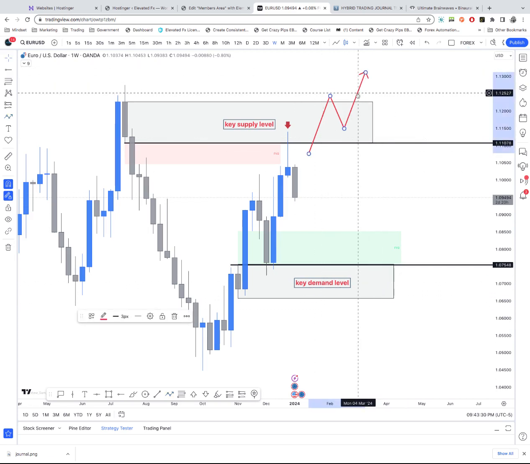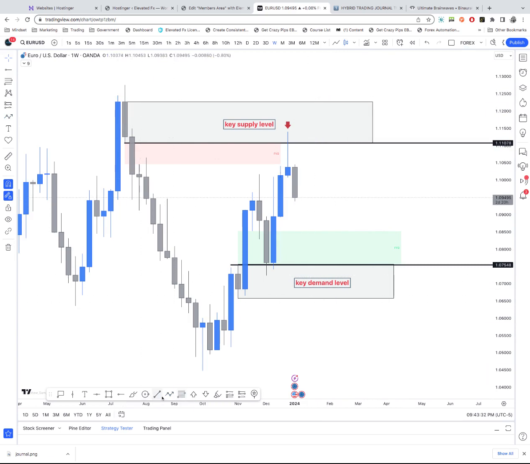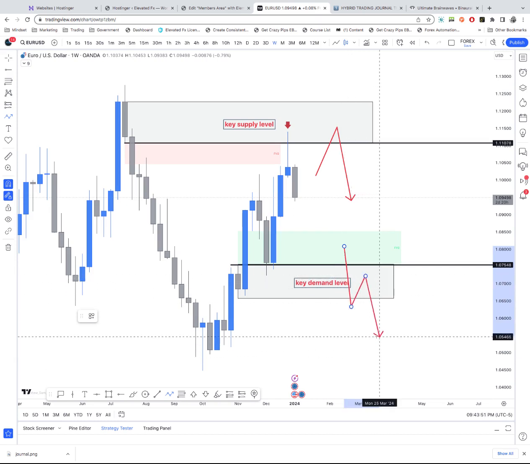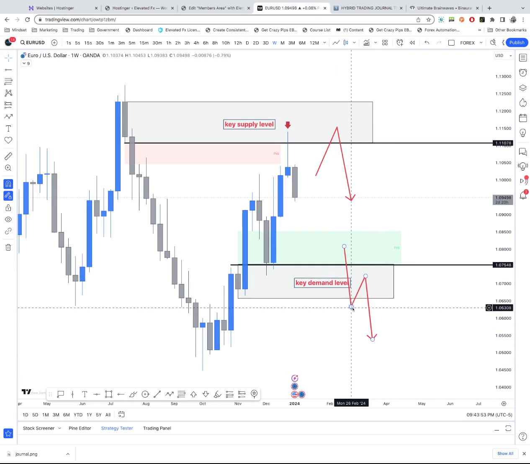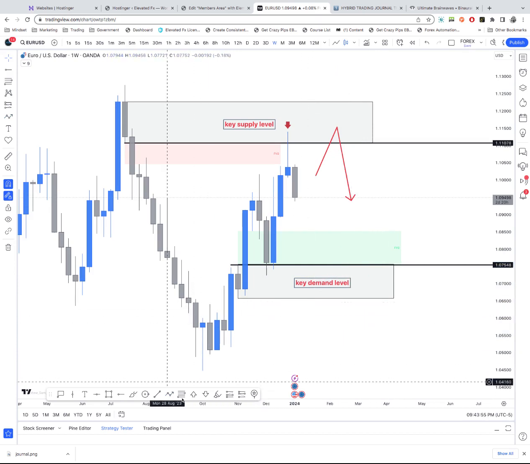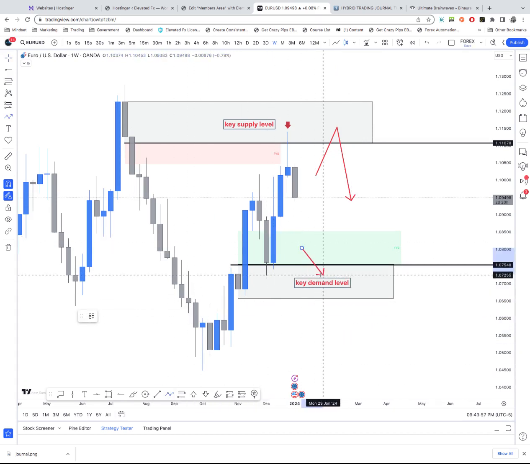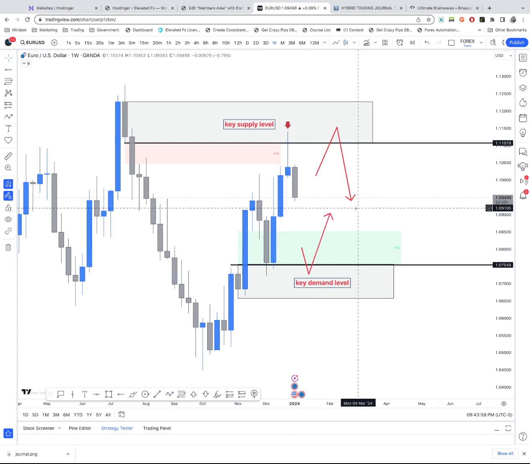higher, or you're going to see price go into your key level and reject from it, just like we did here. When this was going down, you were either going to see price go through that demand level, turn it into supply and keep going, or you were going to see price get into the demand level, turn around and go higher.